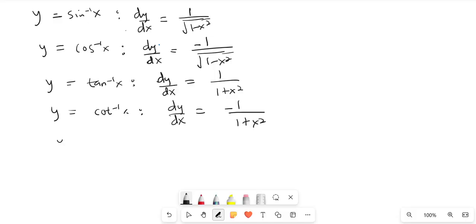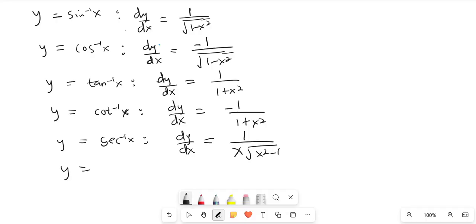And the last set, if y equals secant inverse of x, dy/dx equals 1 all over x square root of x squared minus 1. And lastly, if y equals cosecant inverse of x, dy/dx equals negative 1 all over x square root of x squared minus 1.